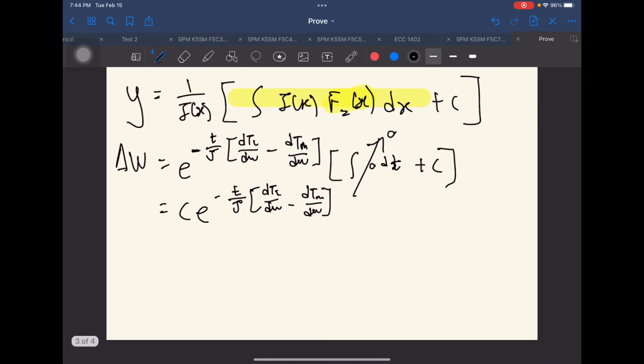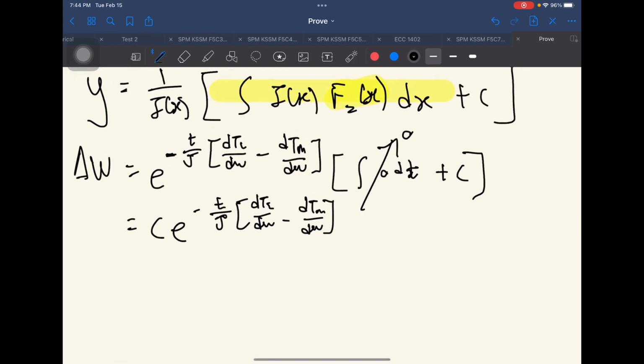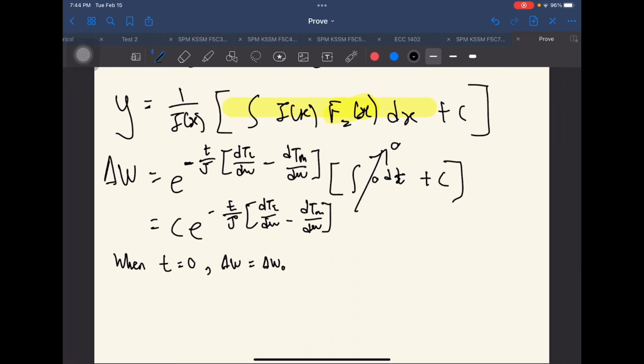And then if you see your equation, the c is delta omega naught. So and there's a t here. So what I can substitute in order to find this is when t is equal to 0, your delta omega equals delta omega naught, right?